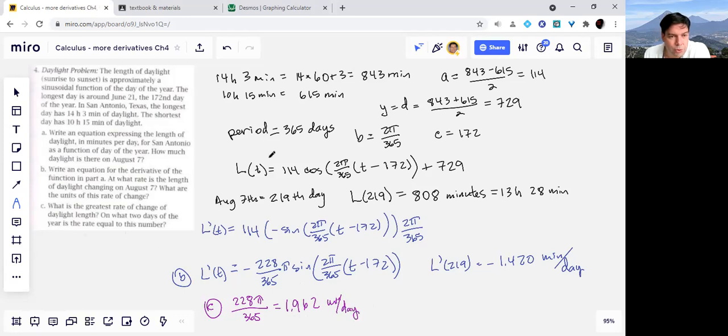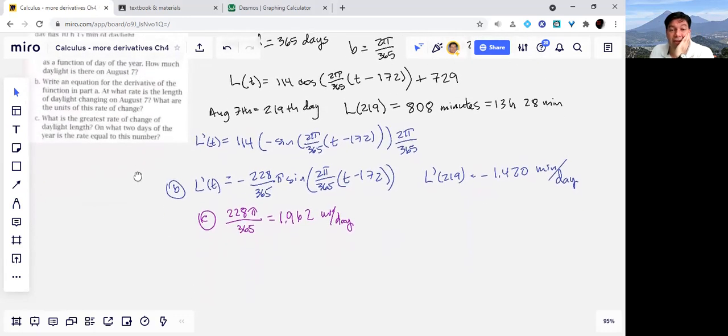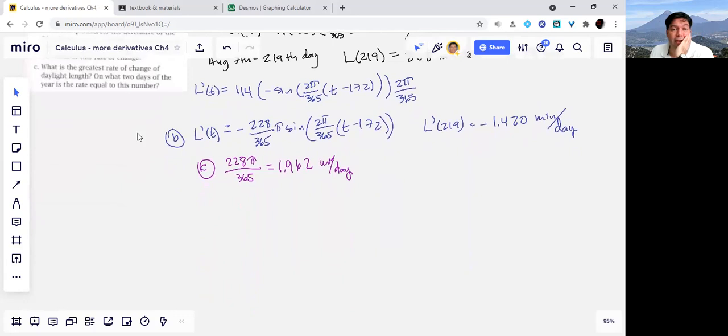Now, on what 2 days of the year is the rate equal to this number? Okay, this is when the sine is either 1 or negative 1, because that's when the sine is at its maximum or at its minimum.